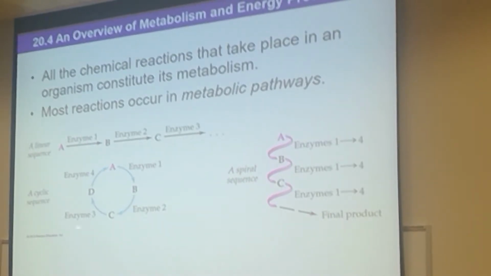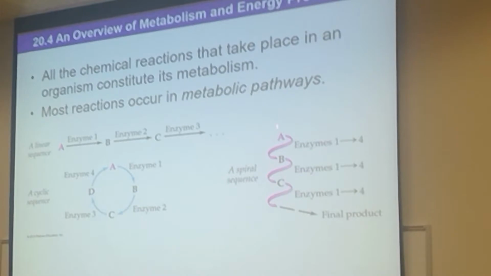Another is the cyclic sequence. What is the cyclic sequence? If the final product is reproducing the reactant again. For example, A is going to B, B is going to C, C is going to D, and D is again converting to A. That process we call the cyclic sequence. Another one is the spiral sequence, which we see in our metabolic process. What is the spiral sequence?